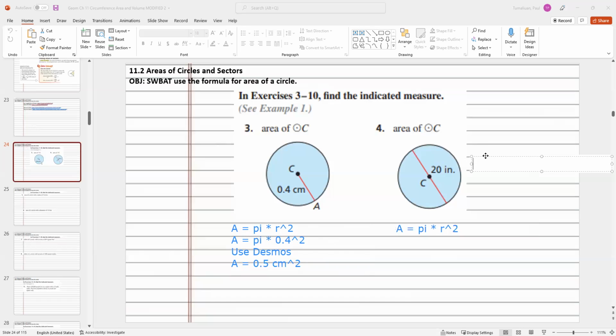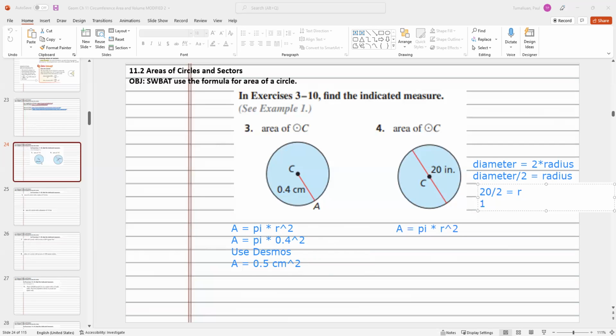So remember the diameter equals 2 times the radius, or we can solve for the radius, and how do you get rid of the times 2? Divide by 2. So diameter divided by 2 is equal to the radius. So here we have 20 divided by 2 gives us r.